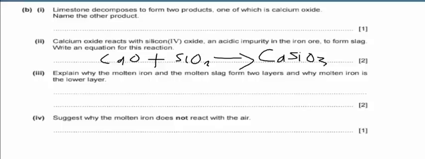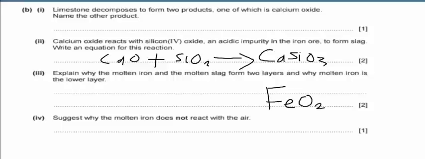Roman numeral number 4, suggest why the molten iron does not react with the air. This one, let's try to look at it here. So at the base, or below the slag, iron is going to react with oxygen to form iron oxide. Meaning, when a metal forms an oxide, that oxide is going to be a barrier. For example, if you have aluminium oxide, the oxide is going to be a barrier.